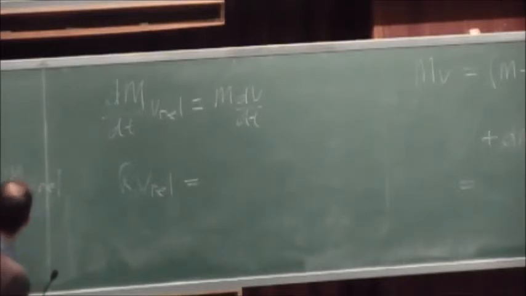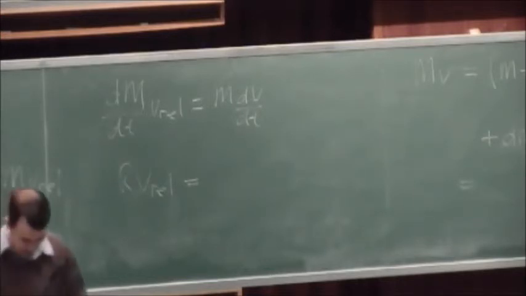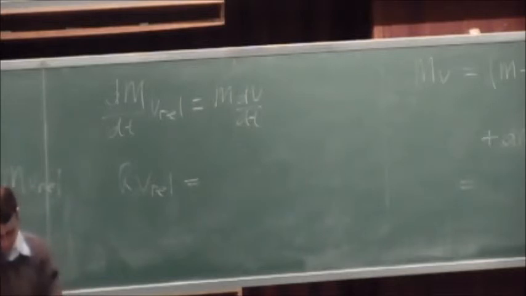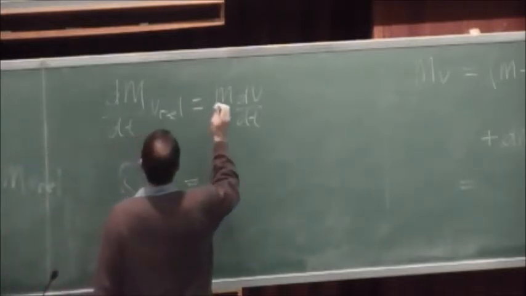Where does it go? Velocity relative, mdv, plus. Well, I don't know where my minus sign went, but I have a minus sign there somewhere. Sorry, I have a minus sign error somewhere.